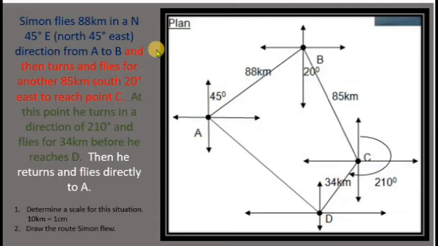And here we will now have our next bearing. There we have B. Then he turns and flies for another 85 kilometers south 20 degrees east. So south 20 degrees east. Now we need another protractor, sorry.